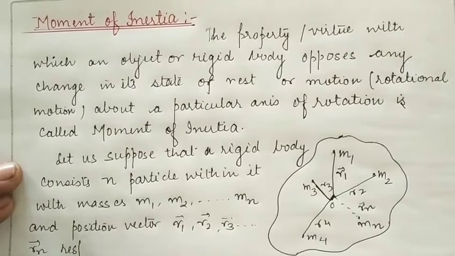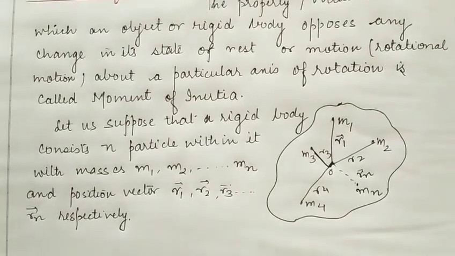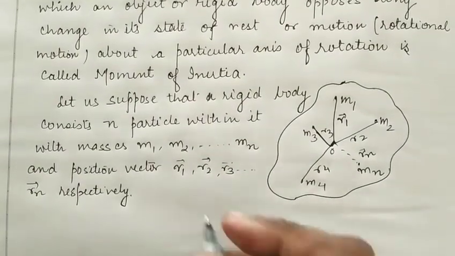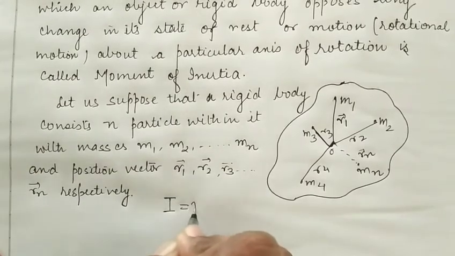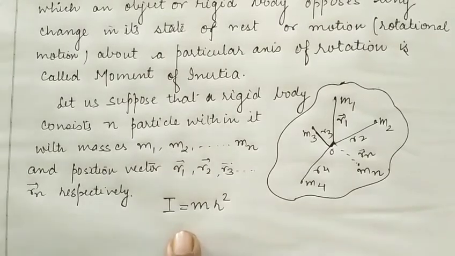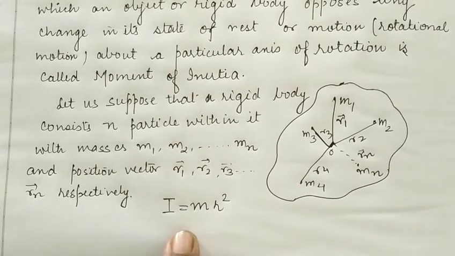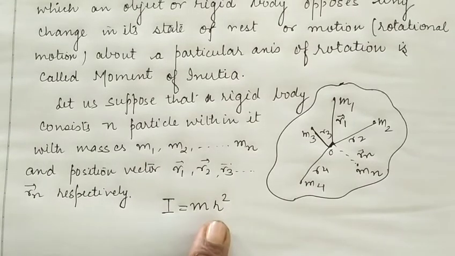So in order to give the moment of inertia of a rigid body constituting a number of particles, we know that the moment of inertia of a particle is given by the mathematical expression I is equal to m into r square. It means the moment of inertia is defined as the product of the mass of the body and the square of the distance from the axis of rotation.